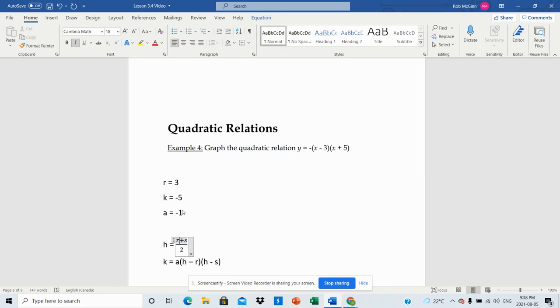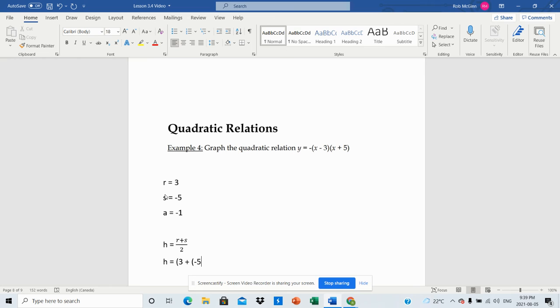And so if I want to find my vertex, because I know my x-intercepts, but I need my vertex to really be able to graph this, I'm going to go h equals, and this time I'm not going to put it into a nice form. I'm just going to do 3 plus, oh, get my terms right, s is minus 5.